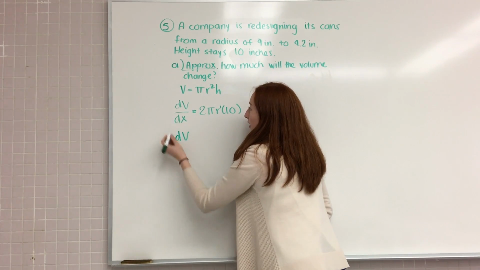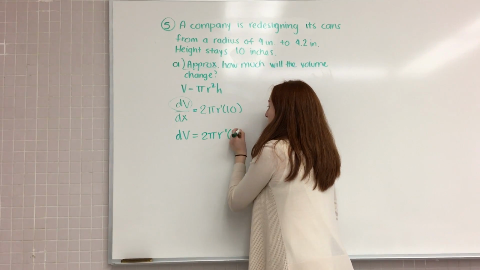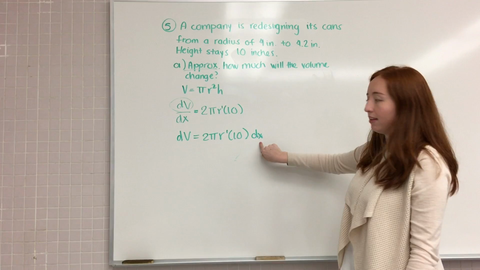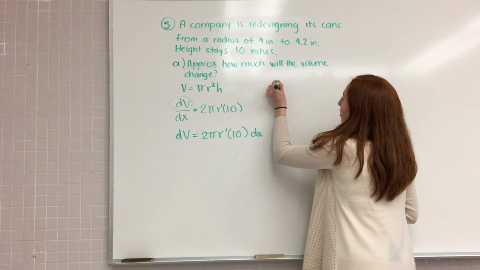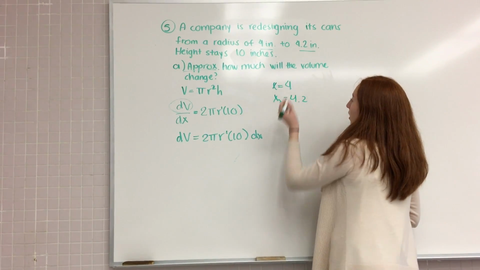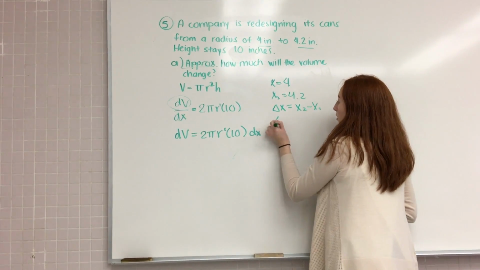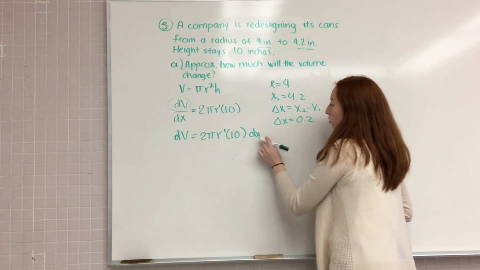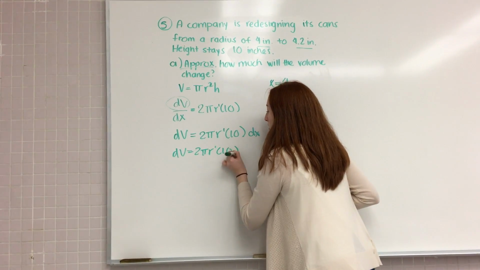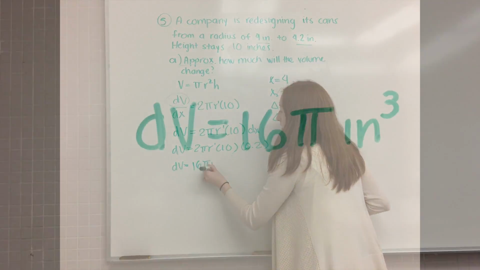And in order to obtain the volume, we have to multiply by the dx, and the dx is, if our first x was 4 and our second x was 4.2, then the delta x would be x2 minus x1, which is 0.2. So here we substitute 0.2, and the answer is 16 pi.